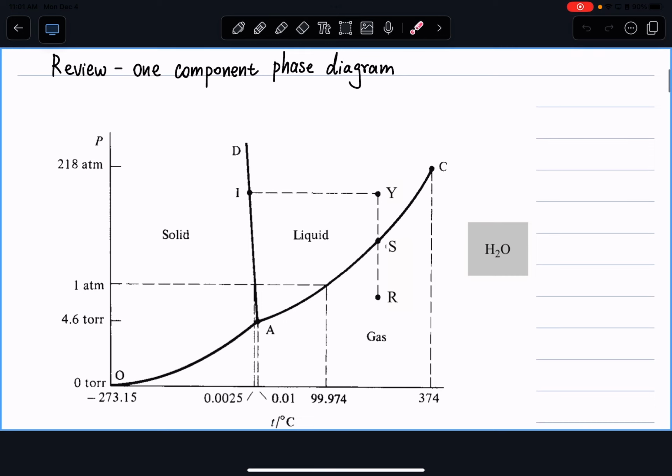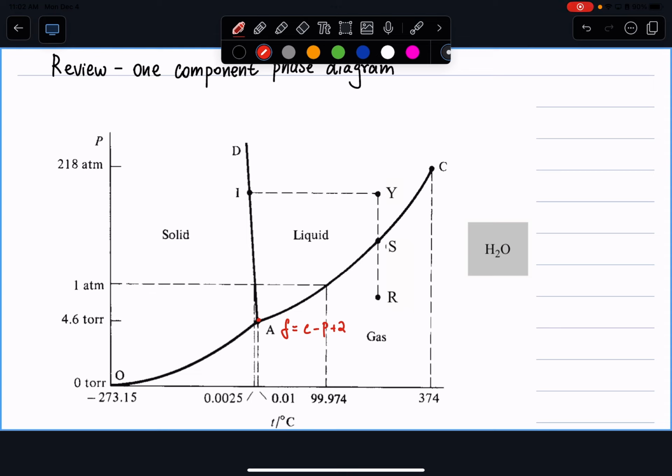Chapter 7 talks about the phase diagram. A few things we discussed last Friday and also last Wednesday: we started by introducing the concept of degree of freedom. For example, if we think about the triple point and use the degree of freedom to calculate it, you have F equals C minus P plus 2, right? C is the number of components we're talking about.